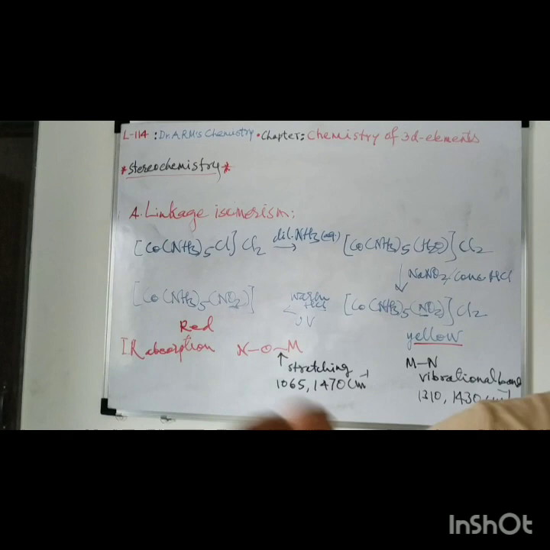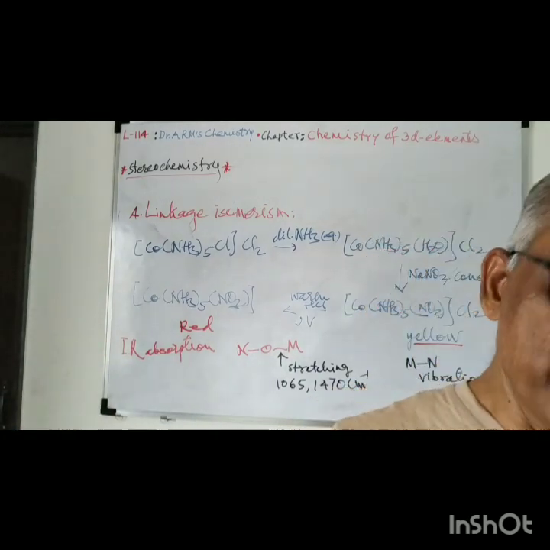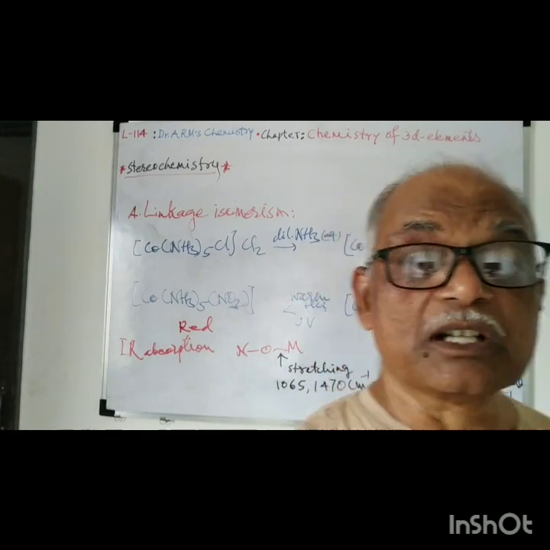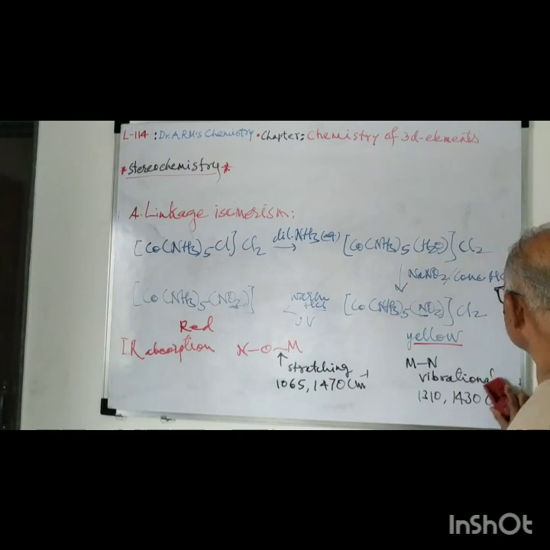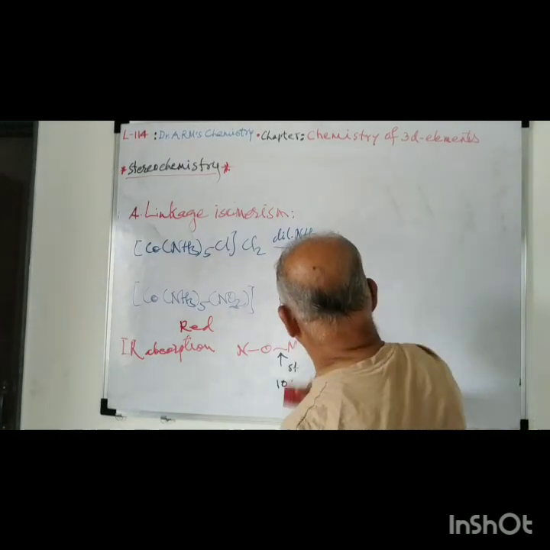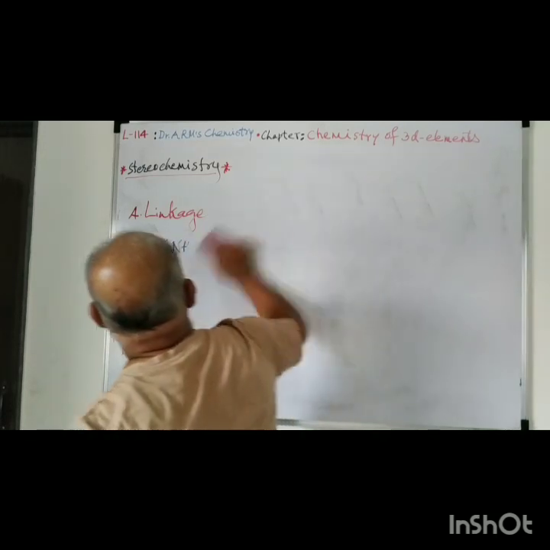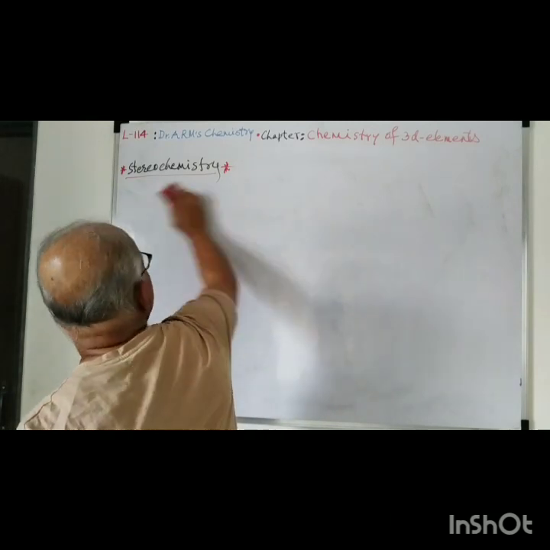So we can confirm these isomers on the basis of some simple tests or using instrumental methods of analysis, that is IR absorption or infrared spectroscopy. So this is about linkage isomerism.